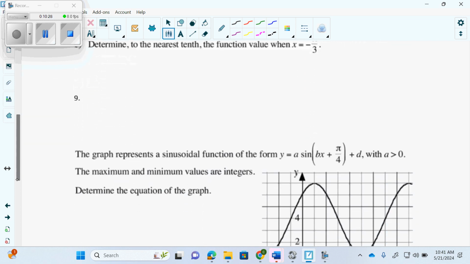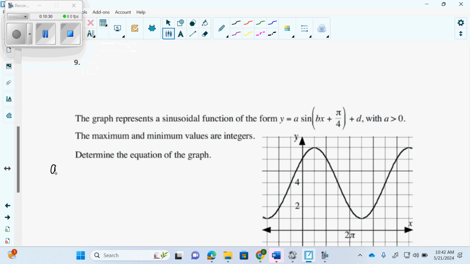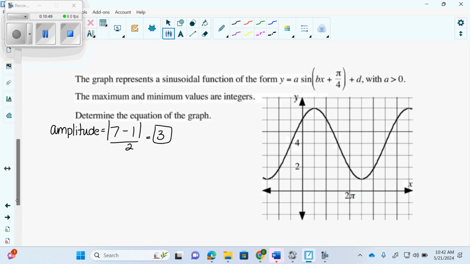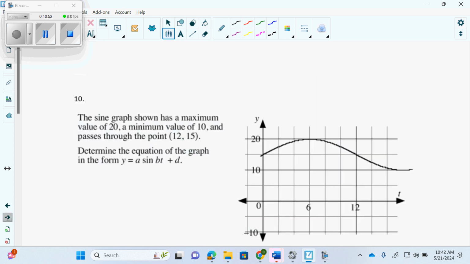Okay. Then the amplitude for this one equals the maximum, which is 7, absolute value minus the minimum, which is 1, divided by 2, which is 3. We agree? Okay, then we're going to flip over. This one, the amplitude equals the maximum, which is 20, minus the minimum, which is 10, divided by 2.